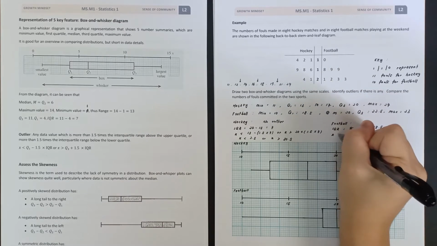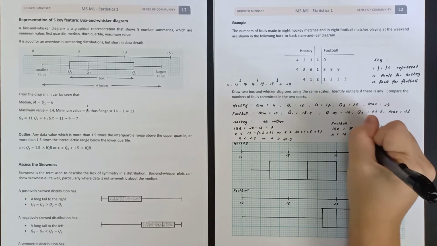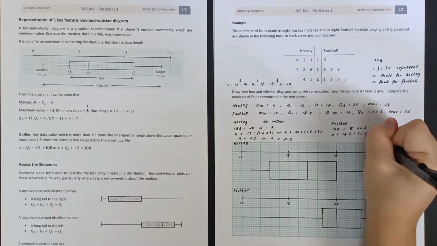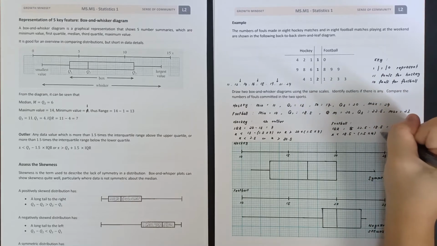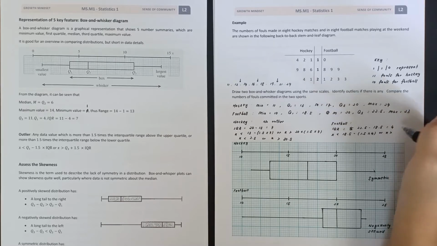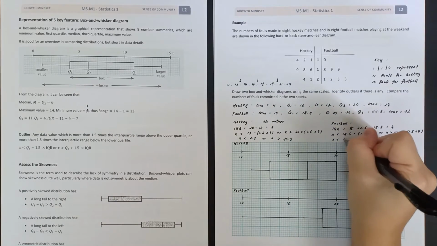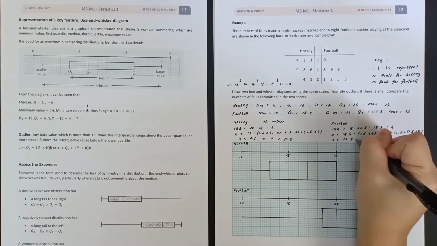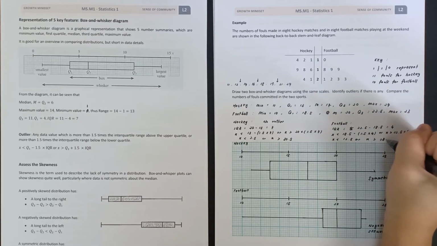Okay, x smaller than Q1, 18.5 minus 1.5 times your IQR, or x greater than Q3, 22.5 plus 1.5 times 4. Okay, which gives you 12.5, or x greater than 28.5.